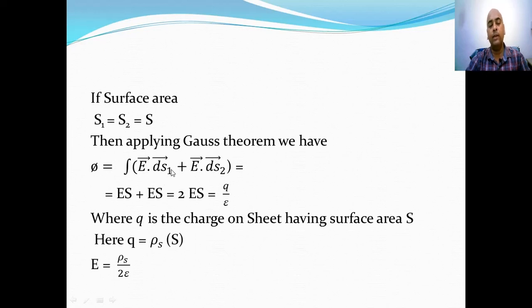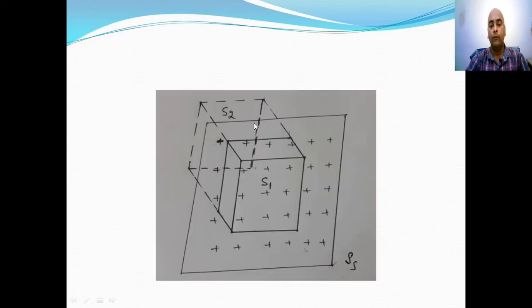E dot ds1, its integration will be E, and the total surface area S. Similarly, for surface S2, the direction of electrical field as well as the direction of area vector S2 will be opposite to the direction of electrical field and the direction of area vector S1.